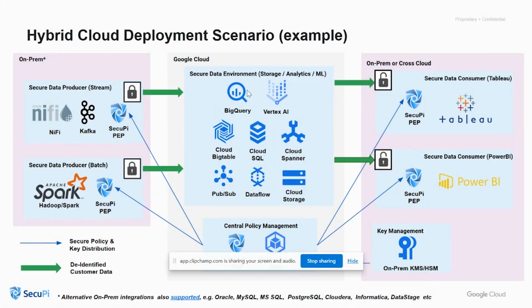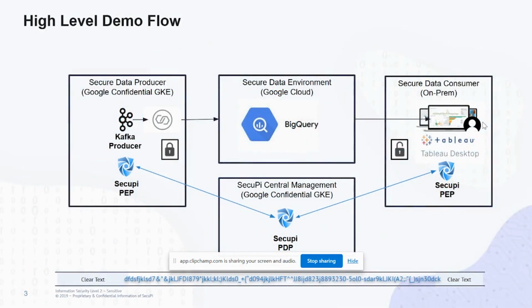Here we selected BigQuery, and then how we are able to decrypt the information when it arrives to a specific user. The solution is really flexible, and we can do it for any cloud vendor, when it's on-prem or when it's on the cloud. We selected to demonstrate today the following topology.